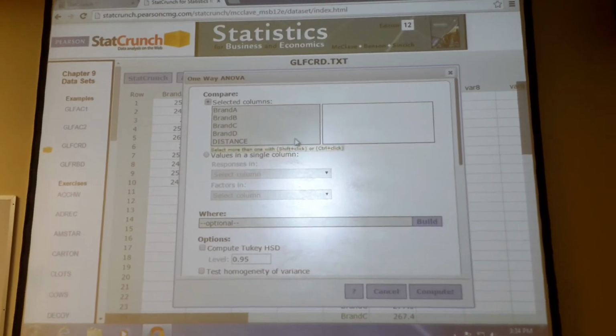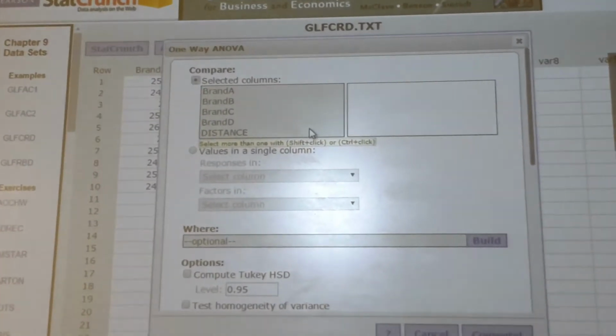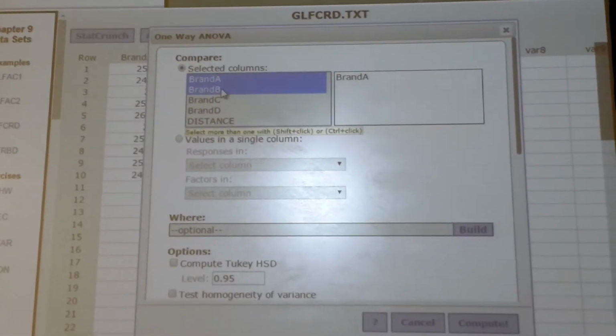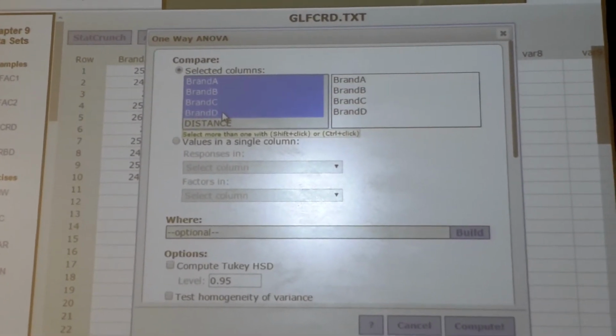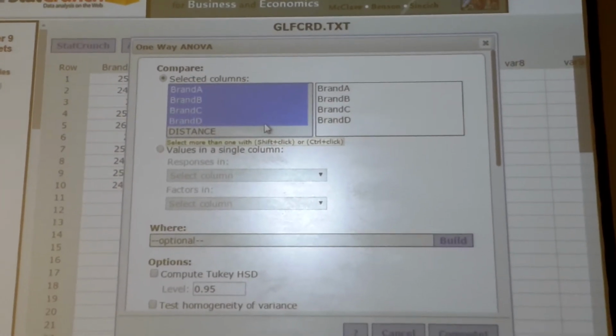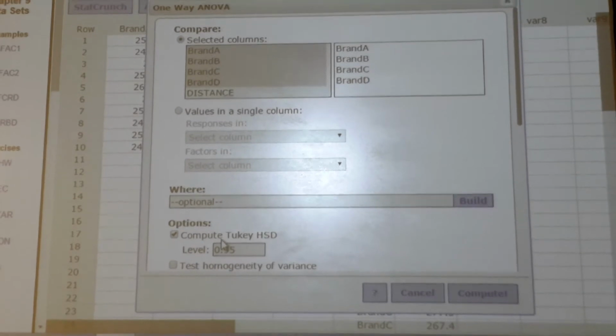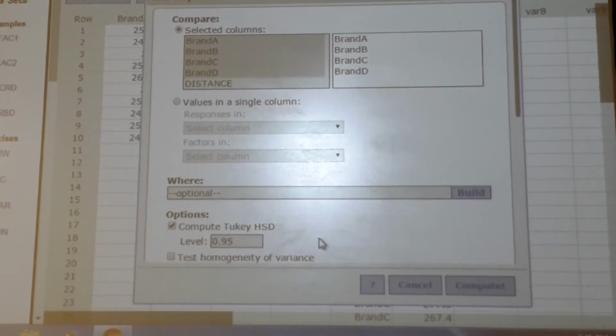So for the one-way ANOVA, we're going to use our columns here for brands A, B, C, and D. I'm holding down the control key as I select each of them so that I get all of those. The other thing that I want to check, and I'll explain why in a minute, is this option down here to compute the Tukey test.